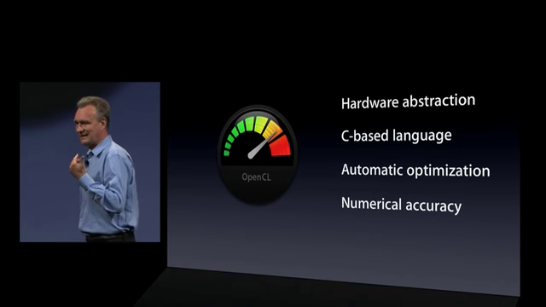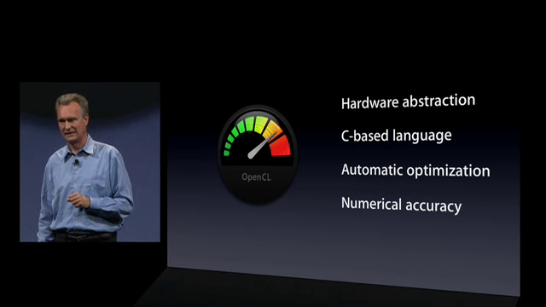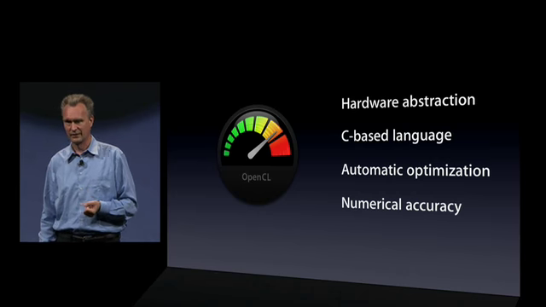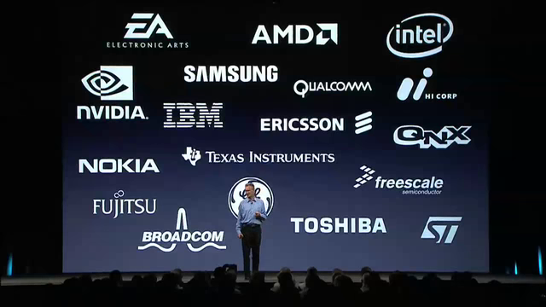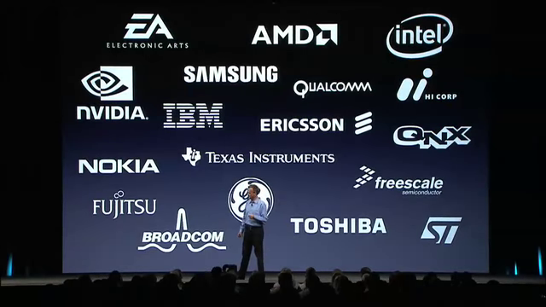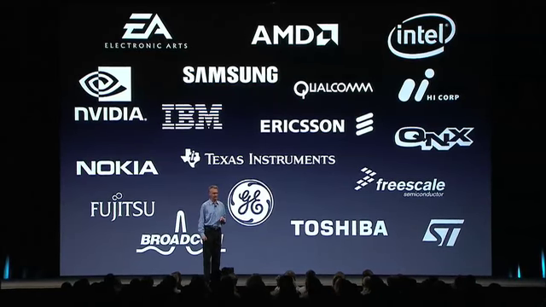And it has numerical accuracy, which means you can use that for scientific computation. We've also decided to make it an open standard, and many companies are participating. In fact, all the top manufacturers of graphics chip are in.